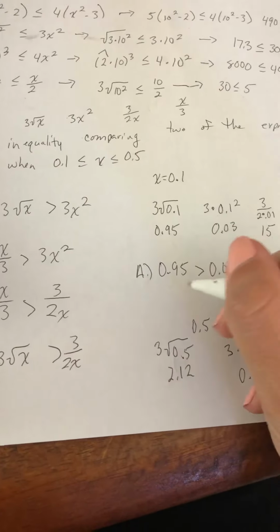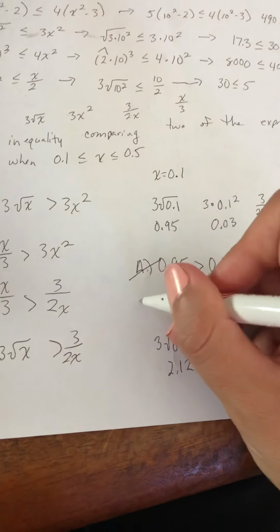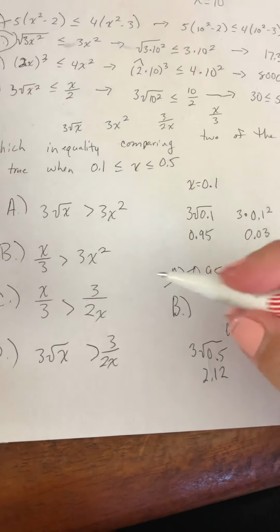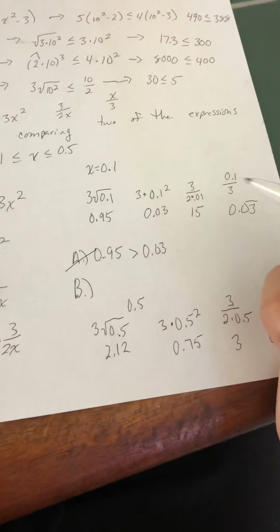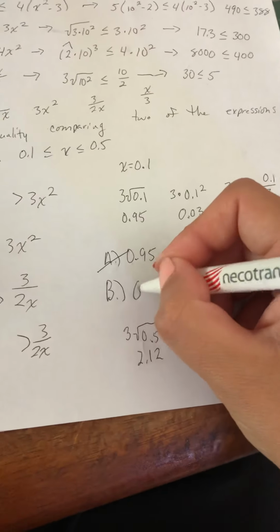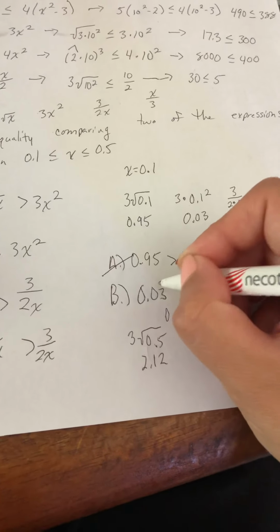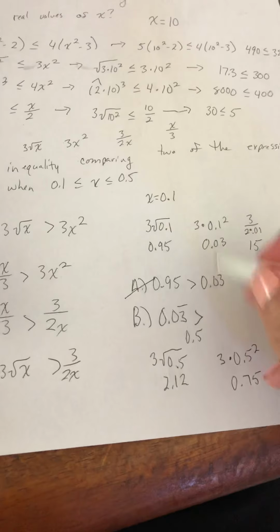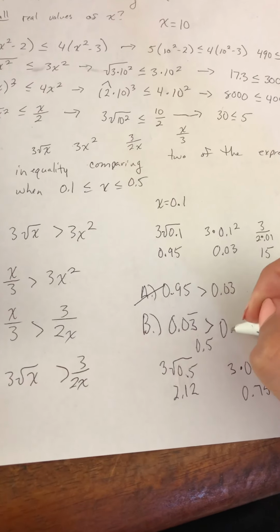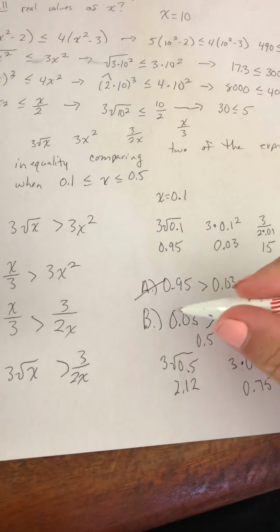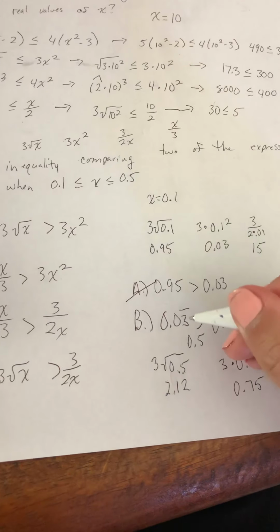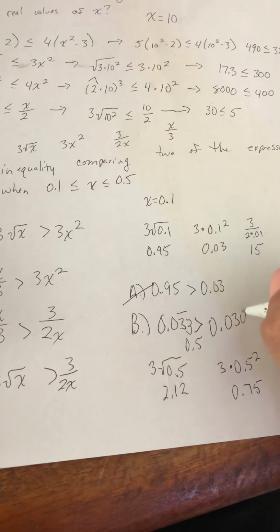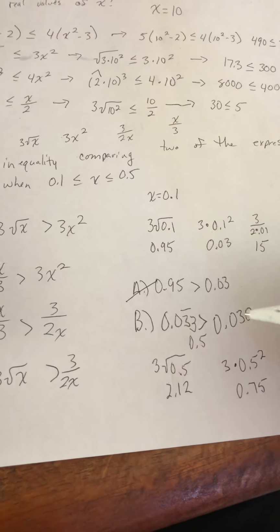B, which is not true. B says x over 3, so 0.03 repeating is greater than 0.03, which is, so if I added another 3 here, and the next number here would be 0, because that's repeating.